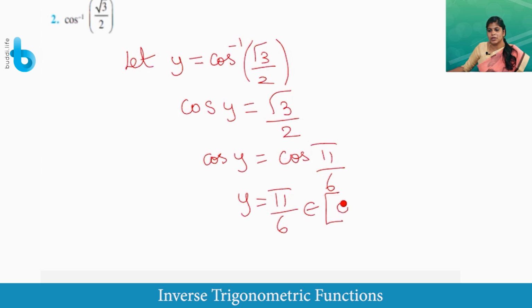Just check whether pi by 6 falls under 0 to pi. Yes, it is obvious, right? Pi is 180 degree, and from 0 to 180 degree this 30 degree falls. So our answer is correct. Therefore, the principal value is y equal to pi by 6. This is how you could conclude the answer. You can write a statement and conclude it. Next, we'll move on to the next sum.